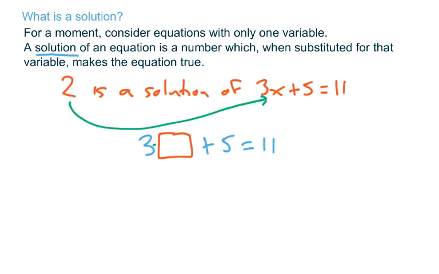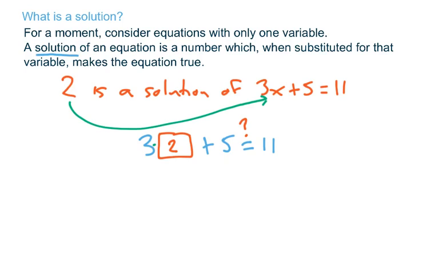And if 2 is really a solution, then when I put 2 into the box, I should get a true statement. In checking whether it's true, we often put a little question mark above the equal sign. We're really asking, is that so? Is 3 times 2 plus 5 equal 11?